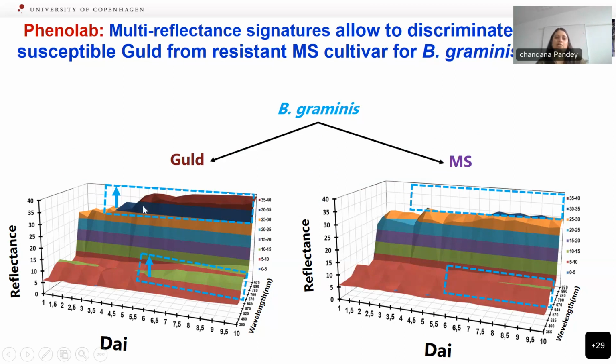So in the Gold cultivar, this very sensitive cultivar, you see this red color with the higher activity or higher reflectance value, which is absent in the MS Black Plate, and that was activated very fast starting from 2 days after infection.